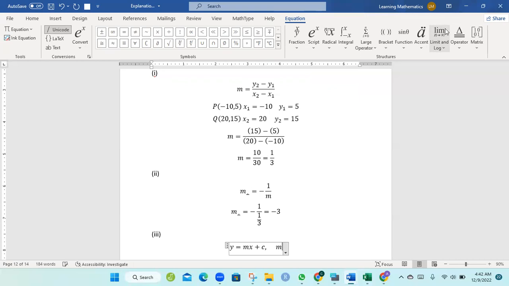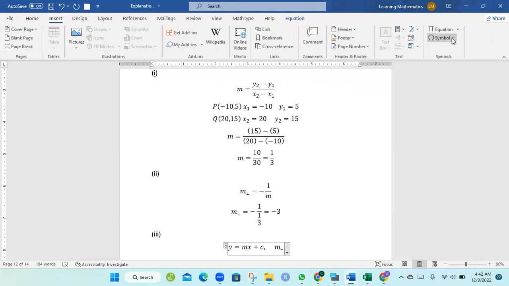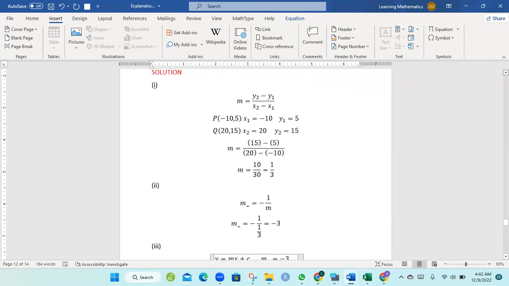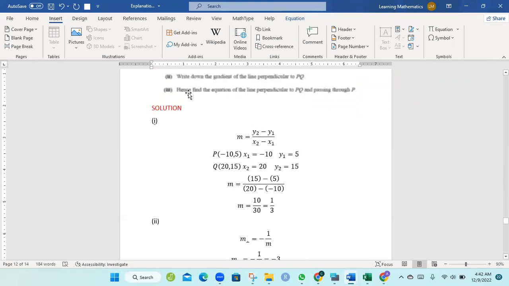So we know the gradient of the line perpendicular to PQ is -3. And we also need a point. The point we are going to use is P, because the question says the perpendicular line passes through point P. So we have to use point P, which is (-10, 5).